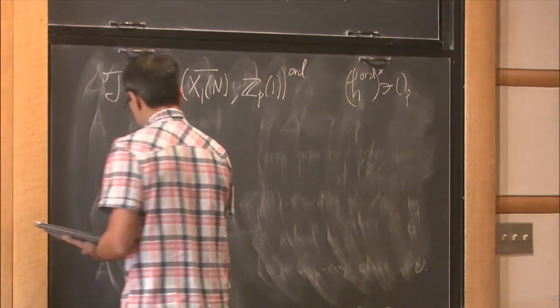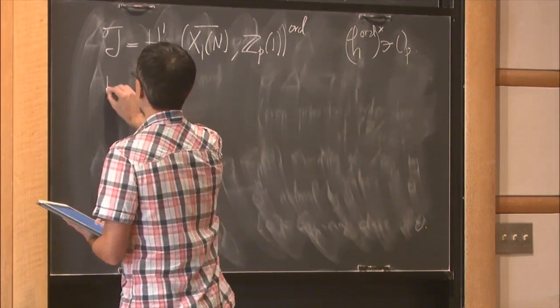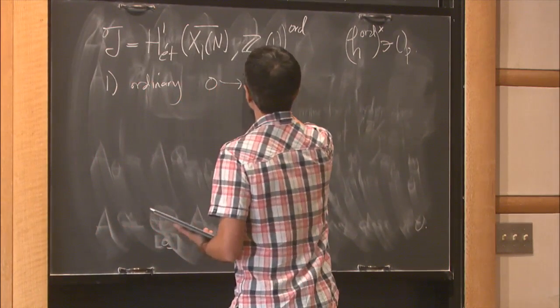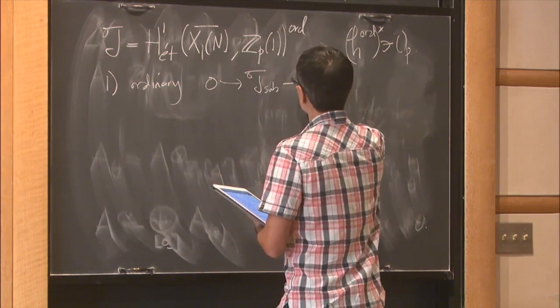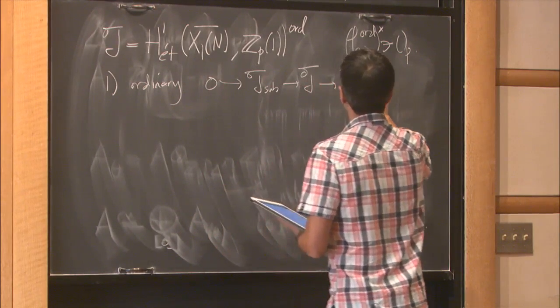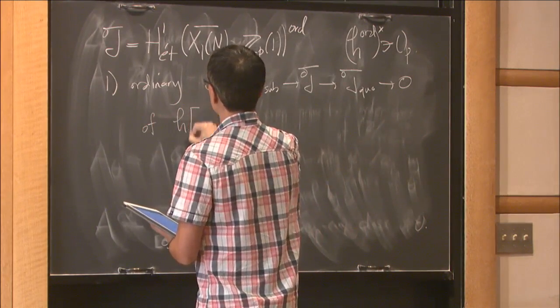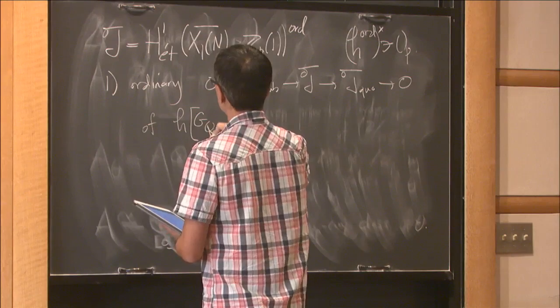So what properties does it have? Let me list a few. Well, one is that it's ordinary. So as I was saying before, we have an exact sequence 0 goes to T sub, goes to T, goes to T quo, goes to 0 of H G_Q_p modules.